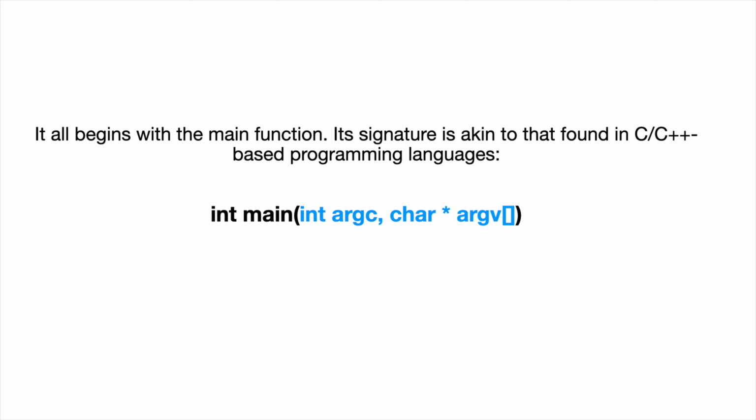If you have ever used a command line utility, the arguments or the params that we pass along with the command line utility form the data that will be collected in the argc and argv.